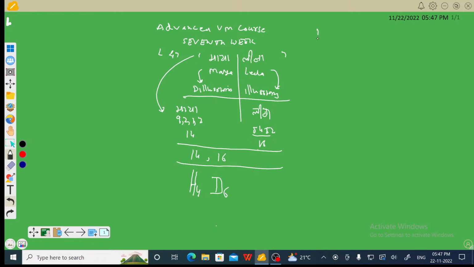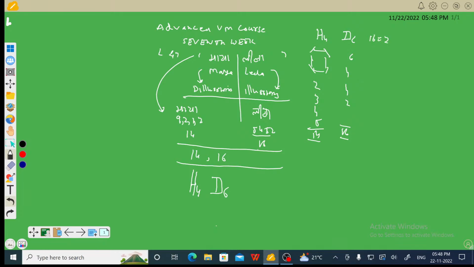H4 is the hypercube 4 space body, of 4 folds 2, 3, 4 and 5, making it 14, and D6 is of spectra 6, 4, 4 and 2, that is 16, and 16 as 2 raised to power 4 is parallel with the dimensional frame of a 4 space.